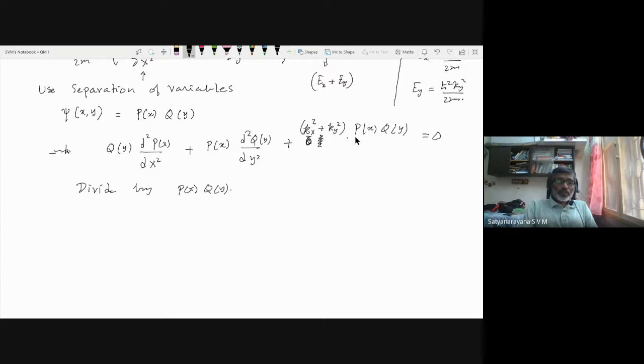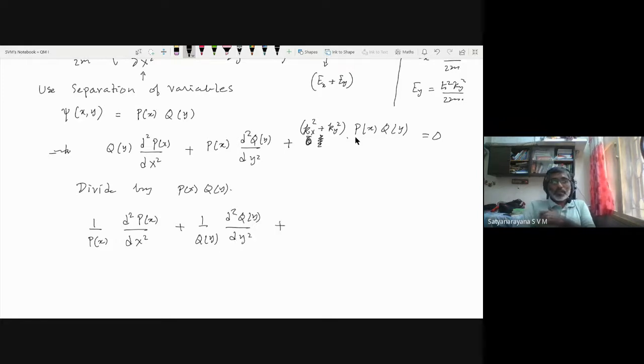Then you will have 1 by p of x into d square p of x by dx square plus 1 by q of y into d square q of y by dy square plus k square.